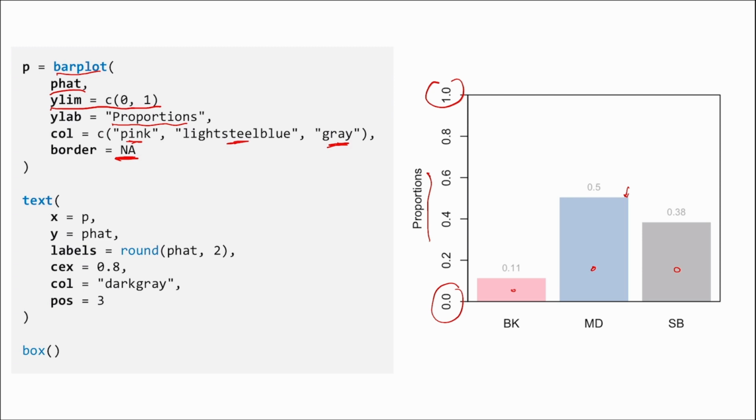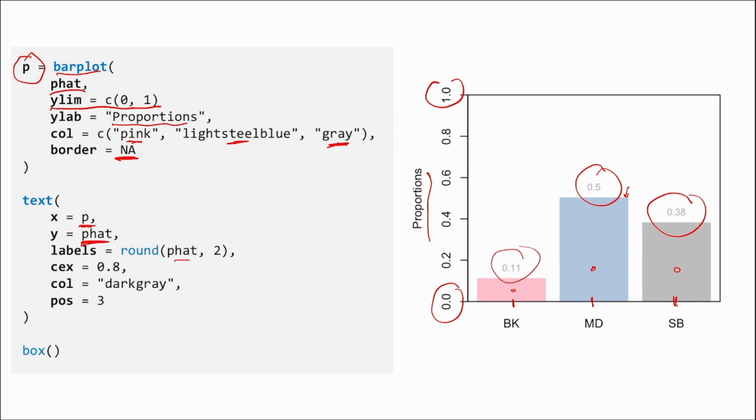Okay. And then what else? I also save the positions of the centers of these bars, and then I use these positions to show the text labels. You can see the text labels here, right? So what I do, I simply say, place the text labels. This is the X coordinate, the coordinates of the centers of the bars. This is the Y coordinate, the height of the bars.